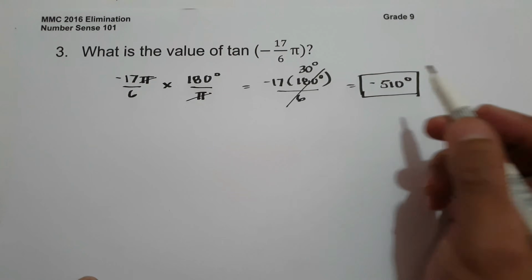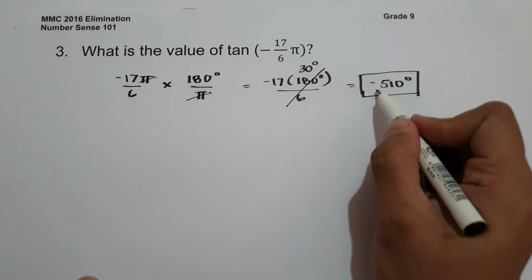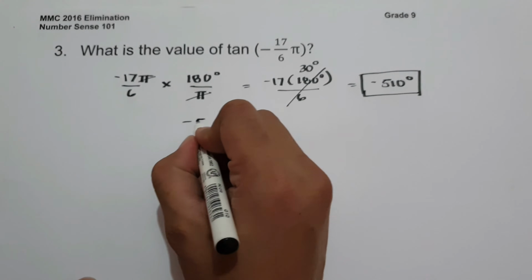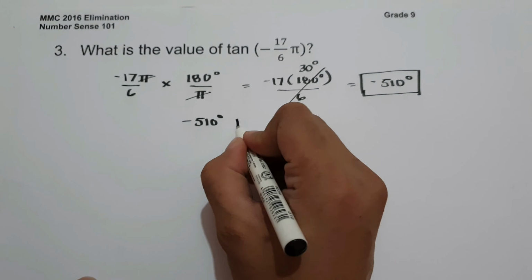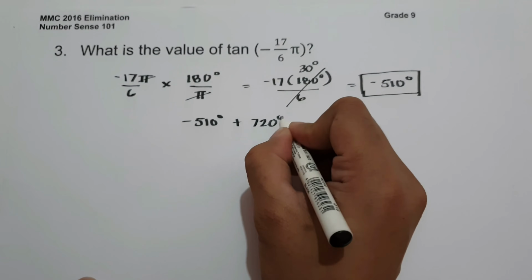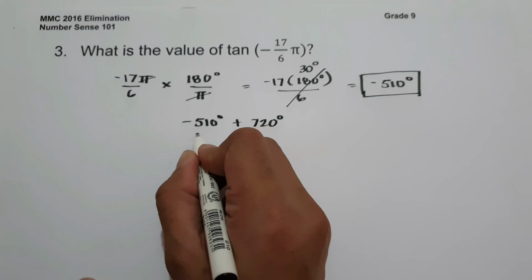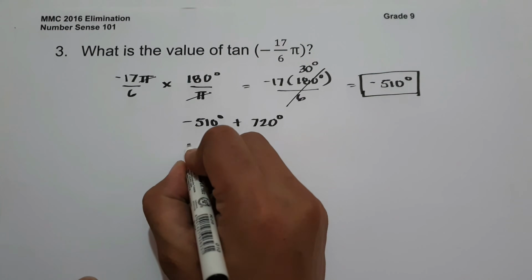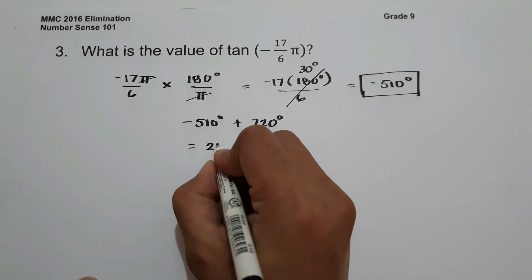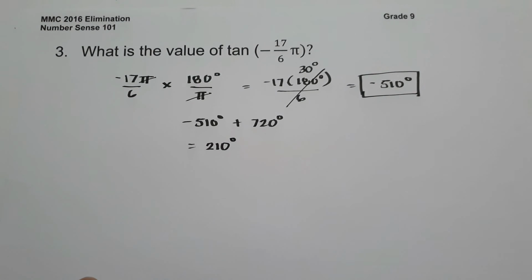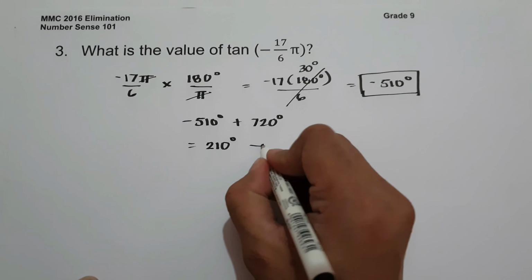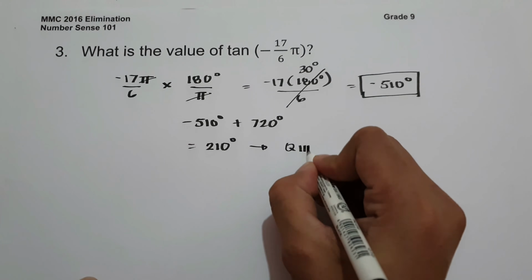Now, to find the value of tangent, we are going to convert negative 510 degrees into a positive angle. So we have negative 510 degrees. Let us add 720 to make the given degree positive. So negative 510 plus 720 will give us positive 210 degrees. And 210 degrees is located in quadrant 3.